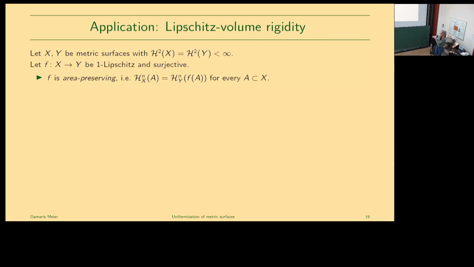This is just by taking the set and the complement of the set, applying the 1-Lipschitz condition to both, and it follows essentially.